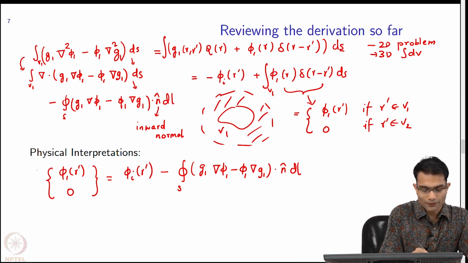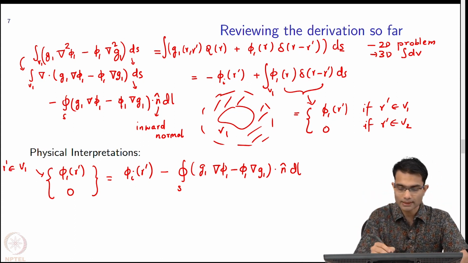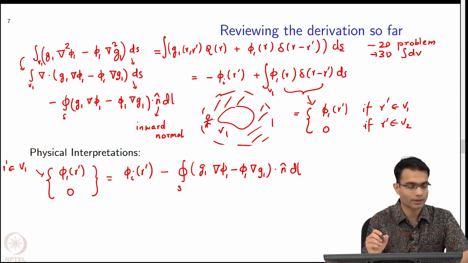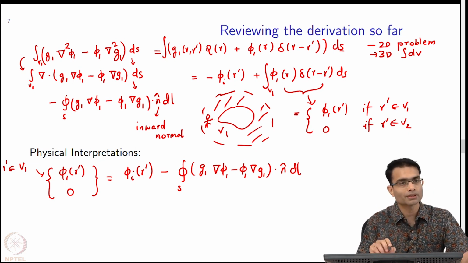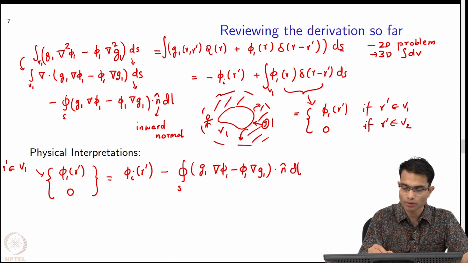Okay. So now let's just try to give a physical interpretation to these equations. So let's take the first case over here, when r prime belongs to V1. So what is it saying? It's saying, let's say that there is some observer standing over here in V1, and the source was over here, right? So there is a field that is emitted by this source. This field is going to get scattered by the object in all possible ways, right?